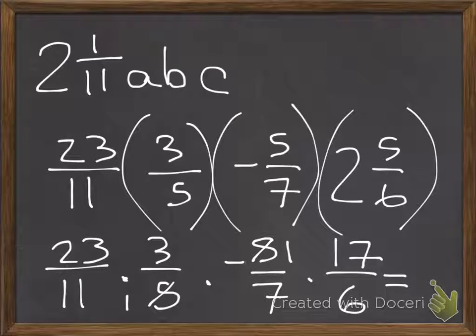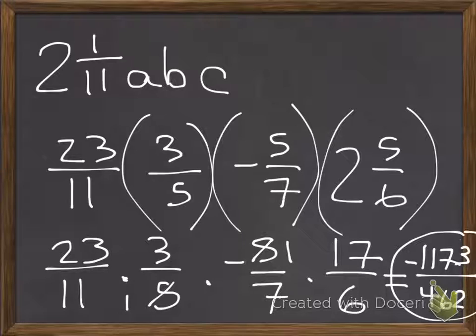I need to keep in mind that my answer is going to be negative because I only have one negative out of all of these four fractions, so that makes my answer negative. So negative 1173 divided by 462, and that's as simplified as I can get it.